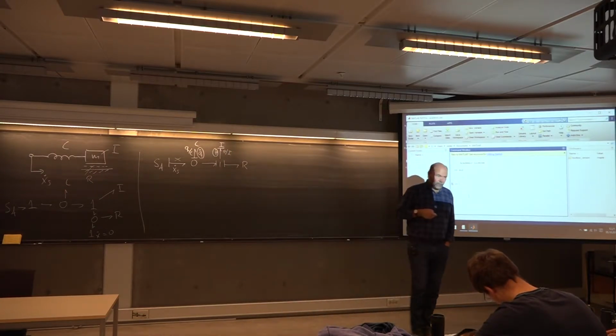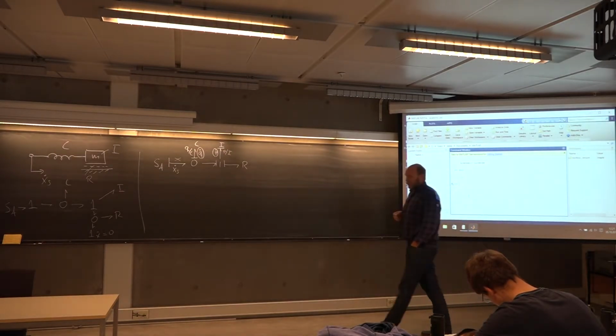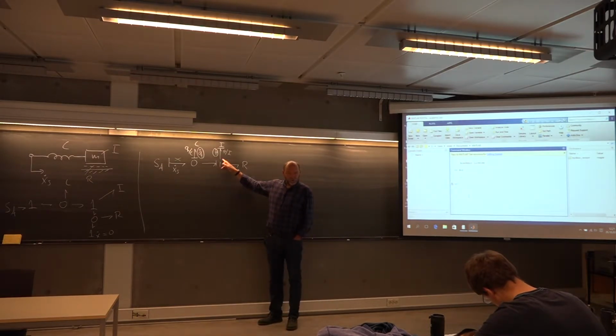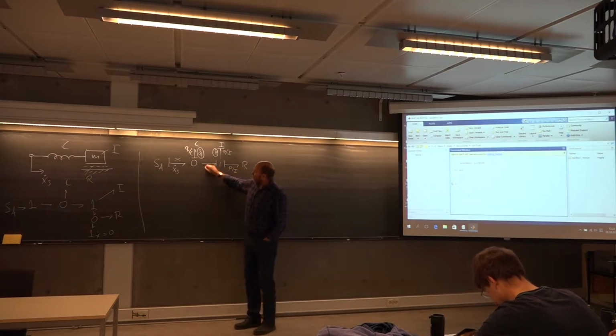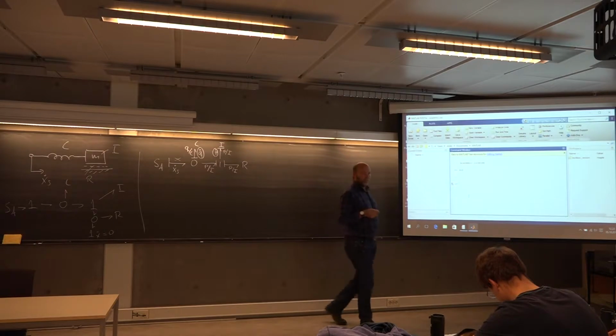And now for the rest, we have to look at the junctions, who dictates what. For the 1 junction here, that's where you're missing a stroke that dictates the common flow, P over I. Aha. Then I have P over I for all bonds connecting this 1 junction.